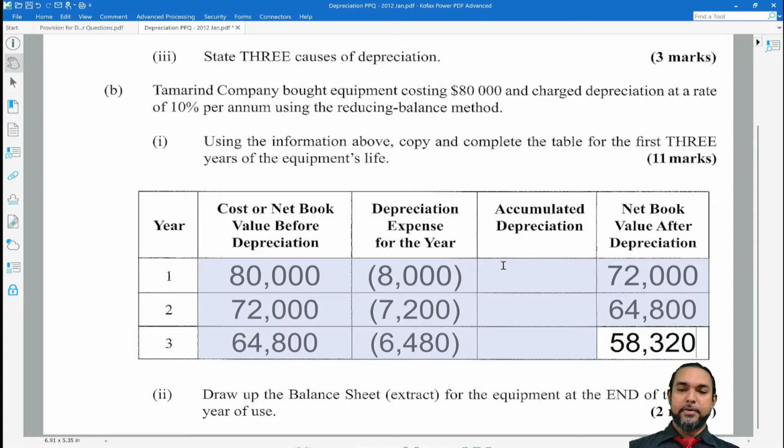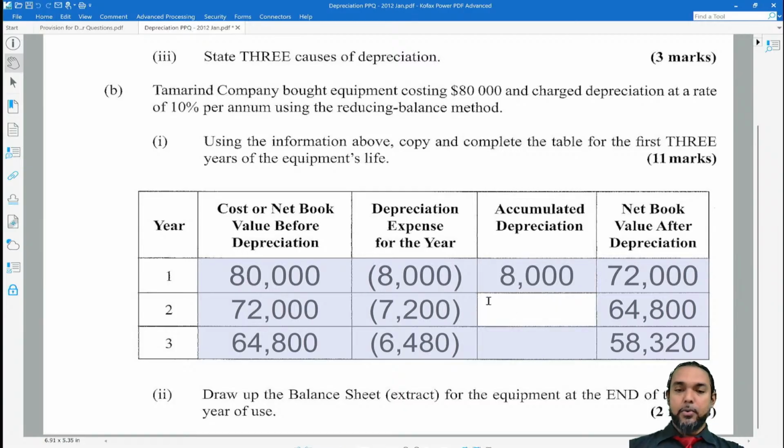Now, to find the accumulated depreciation, basically, you have to add up the depreciation as you go down year by year. What I mean by that is, to accumulate first of all means to build up over time. In year one, you only have one year's worth of depreciation accumulated. So the figure that would go here would be the same 8,000.